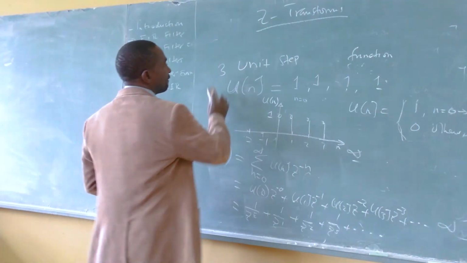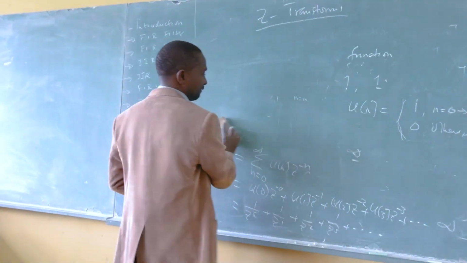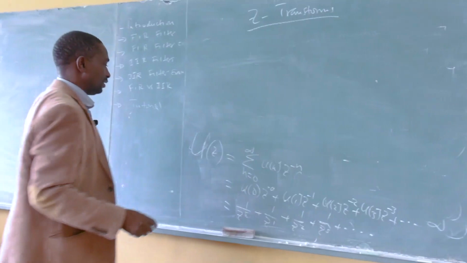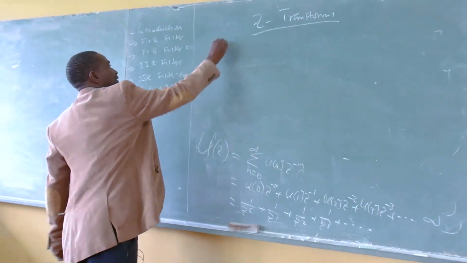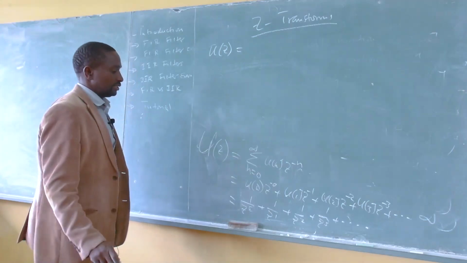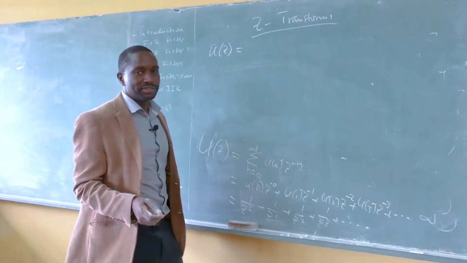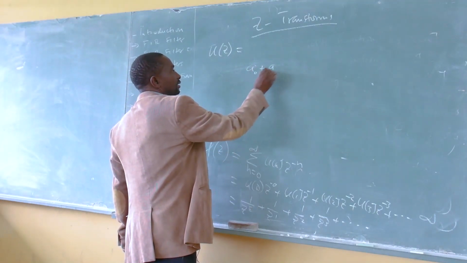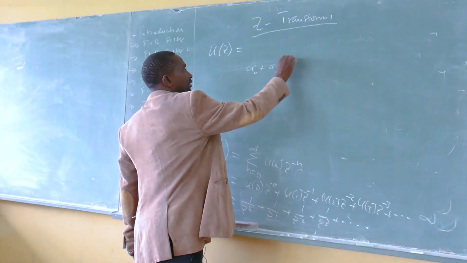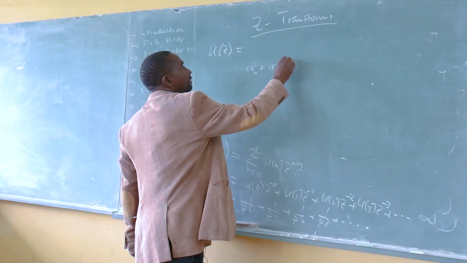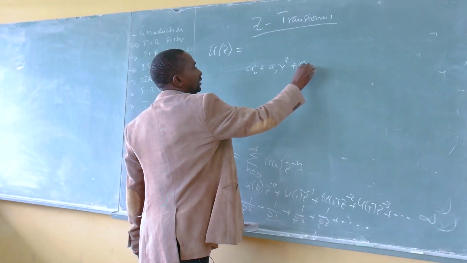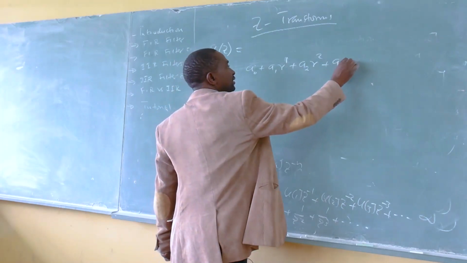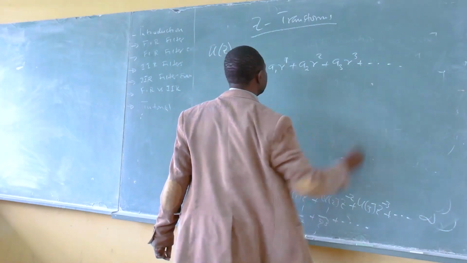Now, from this equation, u of z, you recall when we were learning about geometric series, we had the function a plus a1 r to the power 1 plus a2 r to the power 2 plus a3 r to the power 3, and so on.